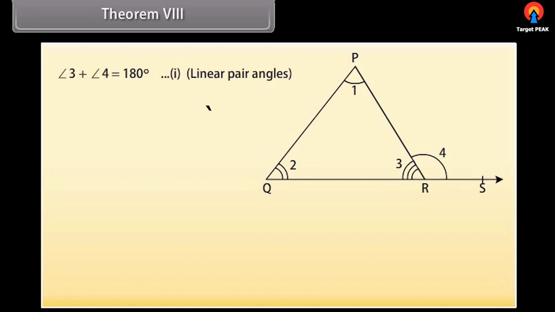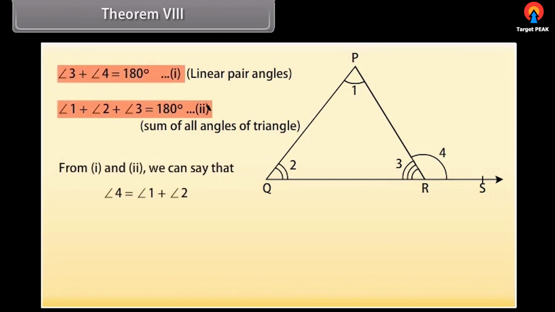Mark it as 1. Also, angle 1 plus angle 2 plus angle 3 is equal to 180 degree because the sum of all the angles of a triangle is 180 degree. Mark it as 2. From 1 and 2 we can say that angle 4 is equal to angle 1 plus angle 2.